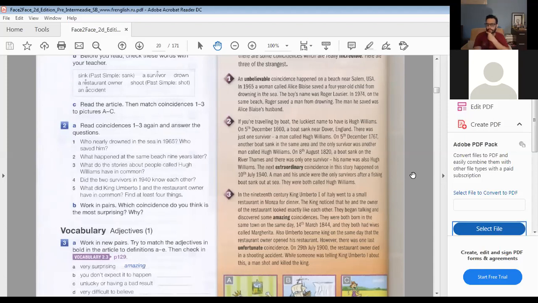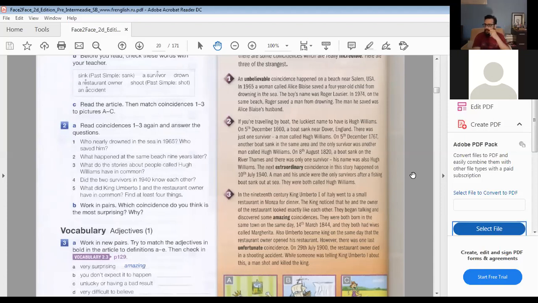All of them survivors. Exactly. That's the correct answer. Very good. All of them are survivors. None of them drowned. All of them survived. Right? Yes, this is the thing in common. Very good. So all of them are survivors.